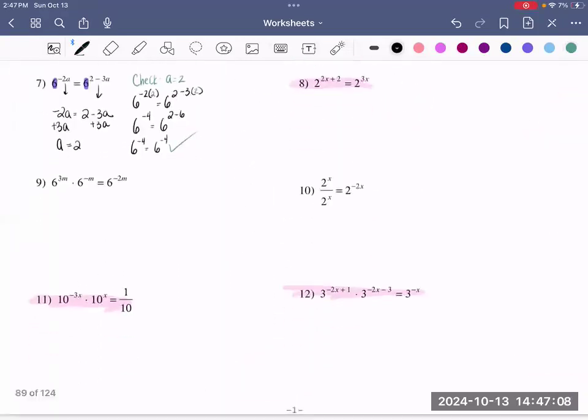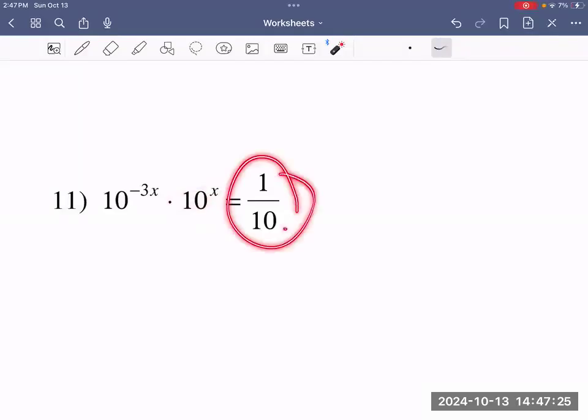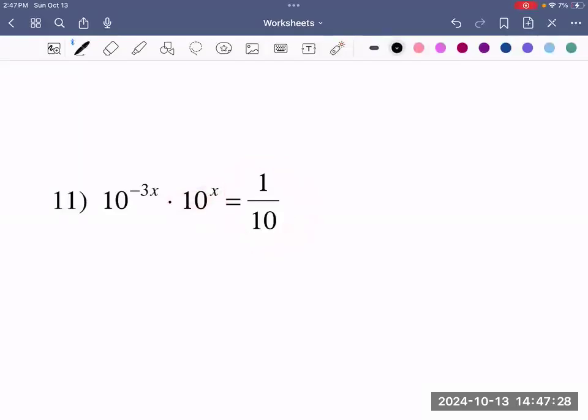Let's try another one. Let's try this one over here. This one is a different take because we have a couple things going on. We now have another base when we're normally having one base on either side. We also have this 10 that's in the denominator. So the first thing to do is to try to combine these to get to one particular base. Thankfully, these 10s are already the exact same, so we don't have to work too hard.